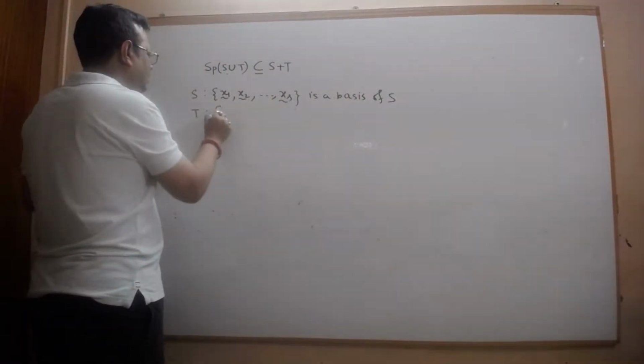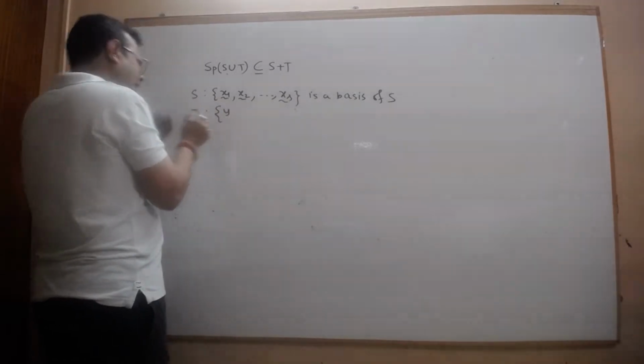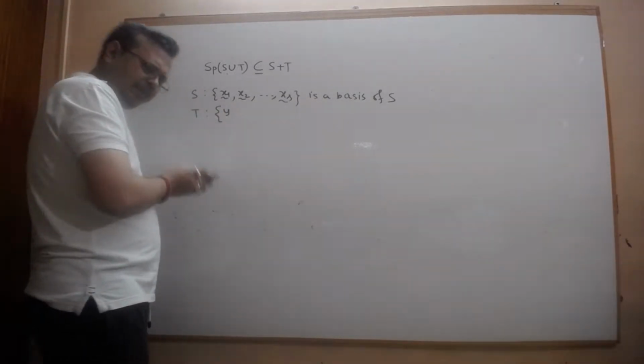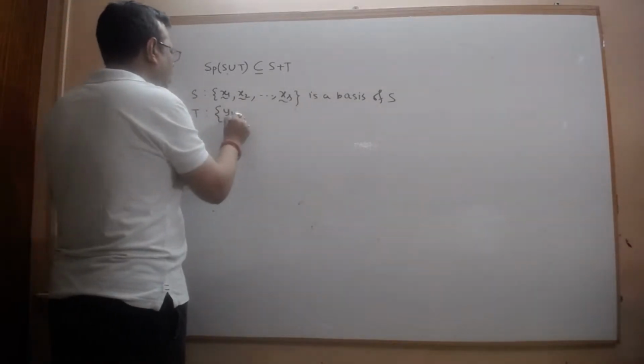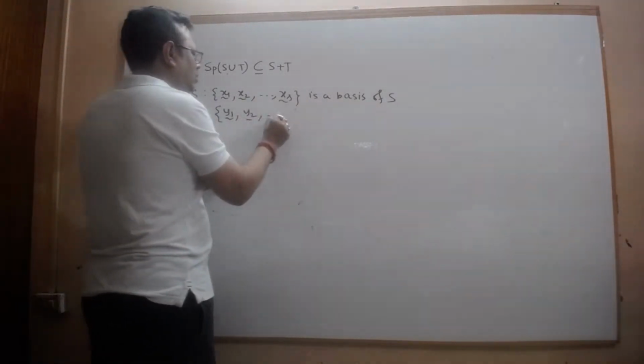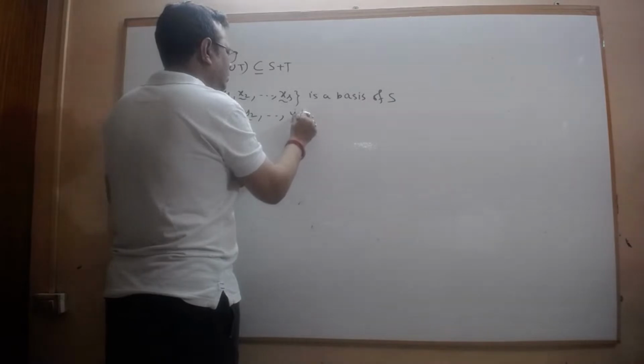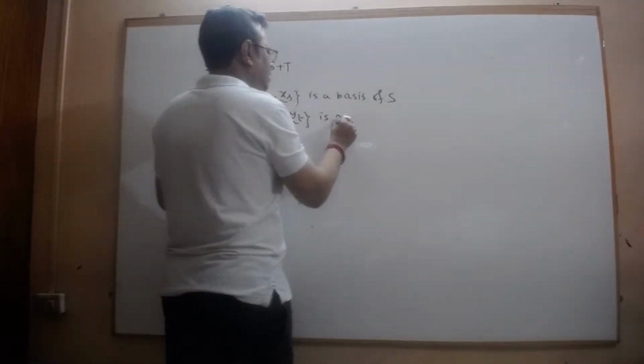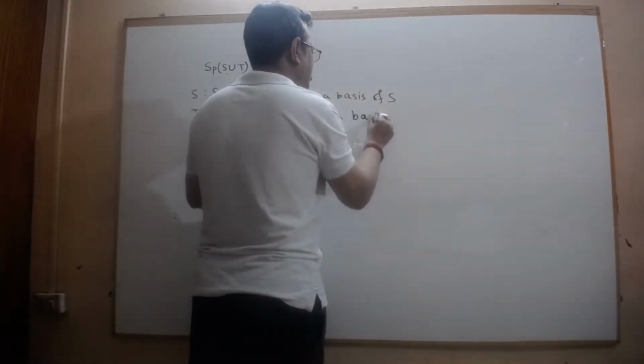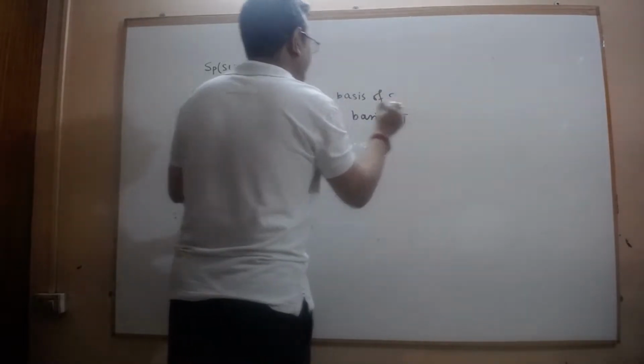Next, T is a subspace. It has the basis y1, y2, up to yt, a basis of T.